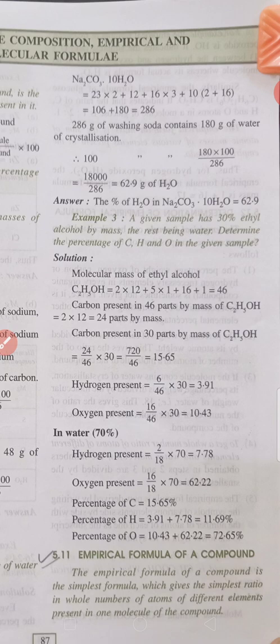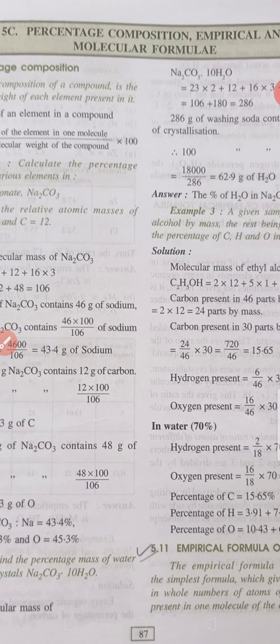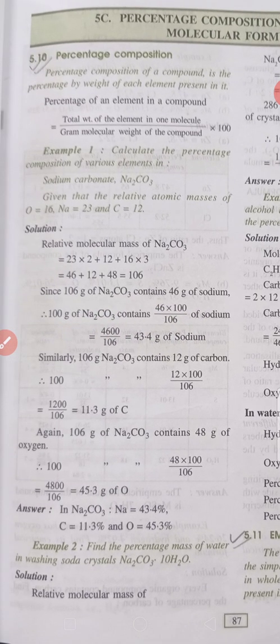So children, this is a sort of indirect question asked in percentage composition. There are so many questions asked in percentage composition. Say a question was asked once in the board paper: what is the percentage of sodium in sodium carbonate? So children, we do it by this method only, as given in example 1.